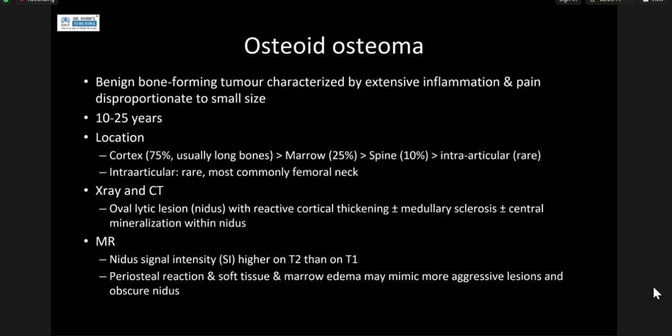So in a case of a patient with pain and diffuse marrow edema, they should be up there with infection as a cause. You tend to see that nice lucent nidus, which can have central sclerosis within it. And if the nidus is small, you don't always actually see it on the MR. The CT is really the clincher here, particularly in that case.